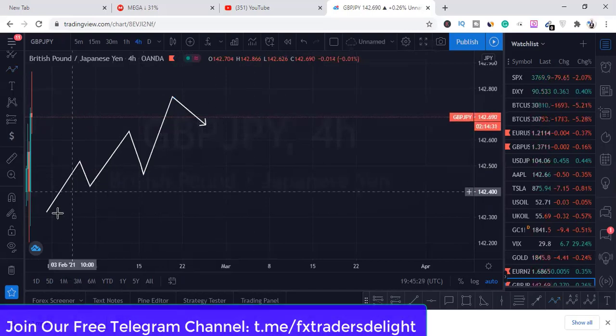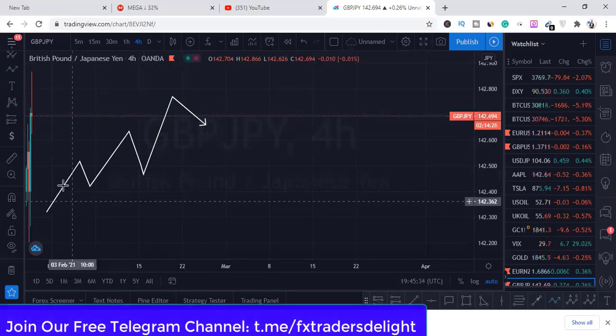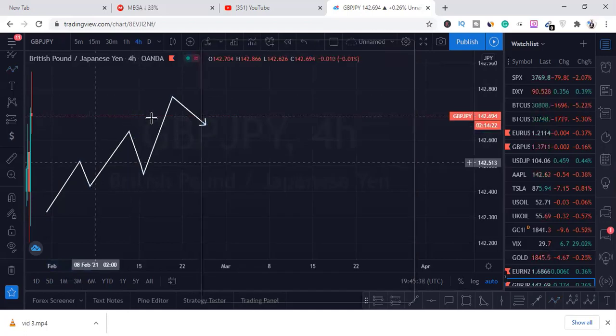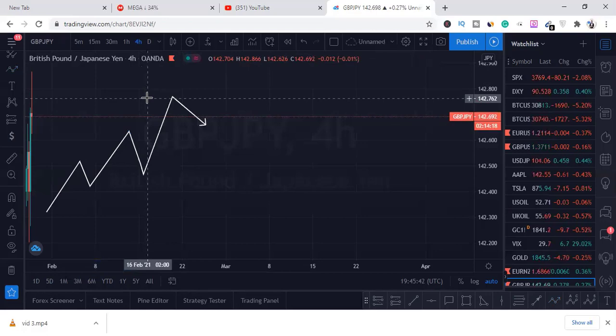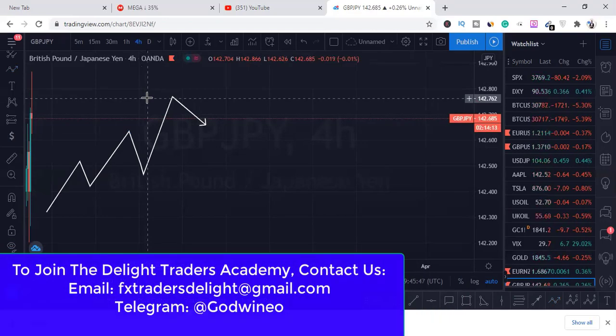Now, this is what we can call an institutional flow. So let's say this movement is working in the 4 hours or the daily time frame. Another thing you must understand is that the market respects higher time frames more than lower time frames. Every time frame has its own structure.